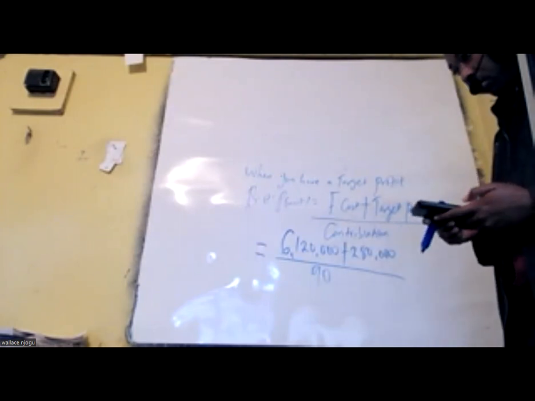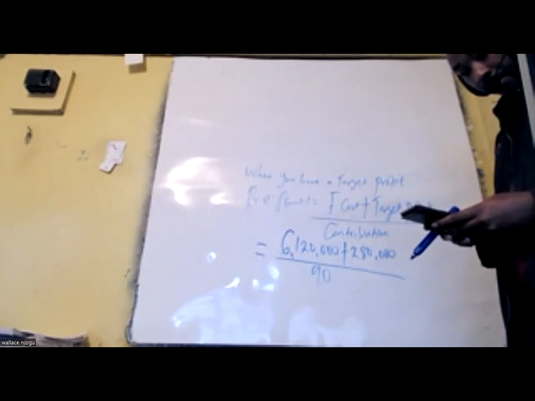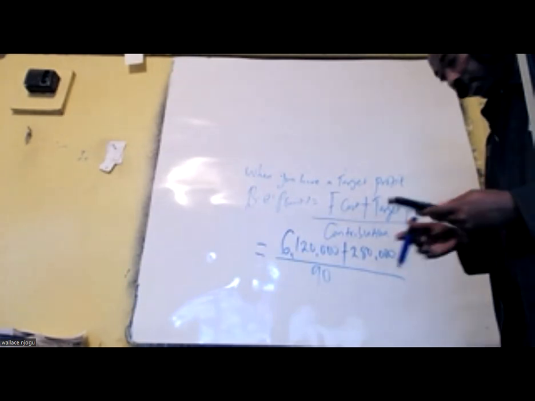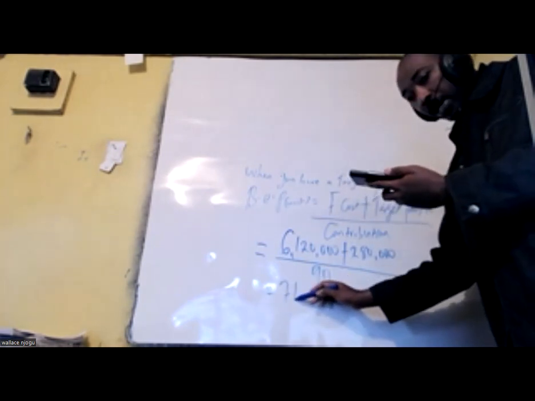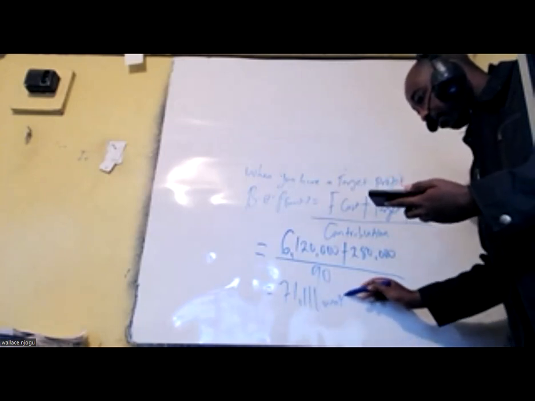Confirm your answer. Zinakuja 71,111 units.